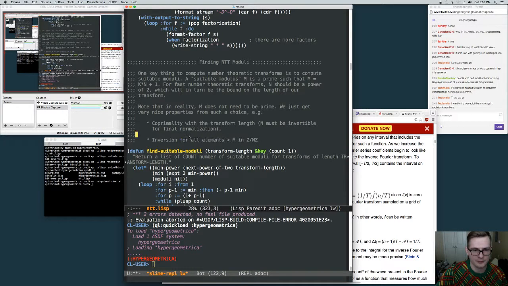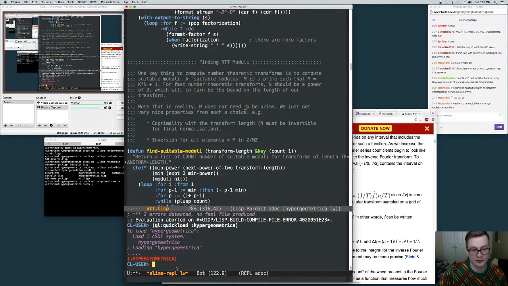But if we have inversion for all elements, then this is trivially satisfied. It's just a note that our modulus doesn't necessarily need to be prime, as long as we have a field and as long as it's co-prime with what we're dividing by, and we're dividing by the total transform length.